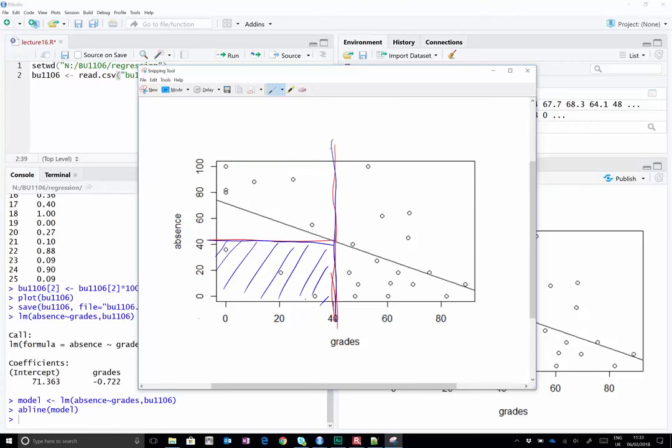I look at numbers next that help us determine how good the model is. There'll be numbers I look at, like standard error and R squared, and this is some statistic.